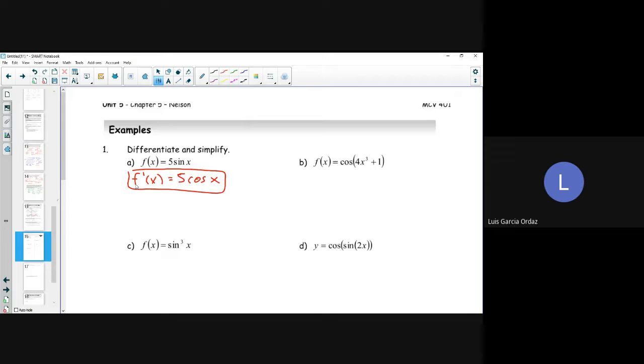Now my next one is f of x is equal to cos of 4x cubed plus 1. I want you guys to take the rule from the first page where it says that if we have cos of g of x, the derivative is just negative sine of g of x multiplied by the derivative of g of x. So who can tell me what the derivative is going to give us?